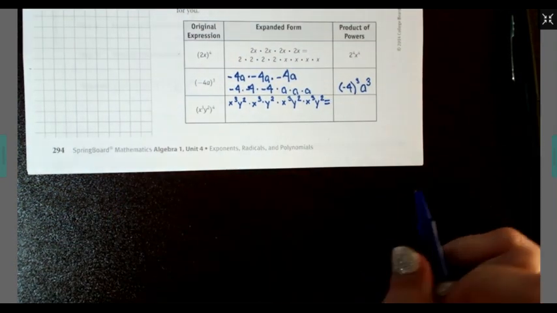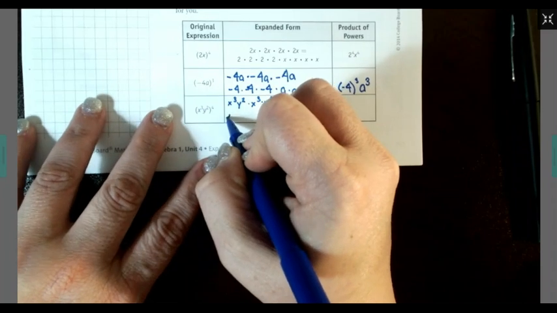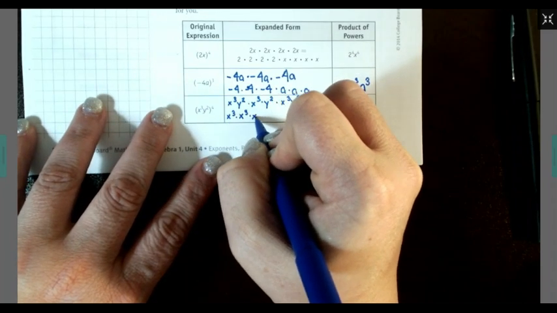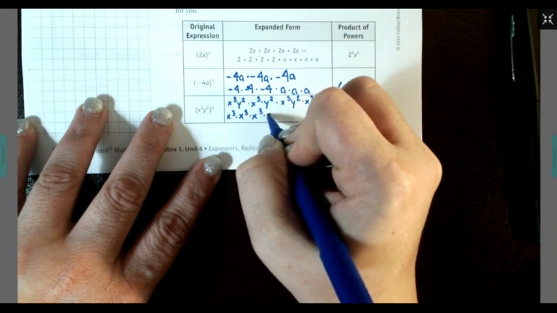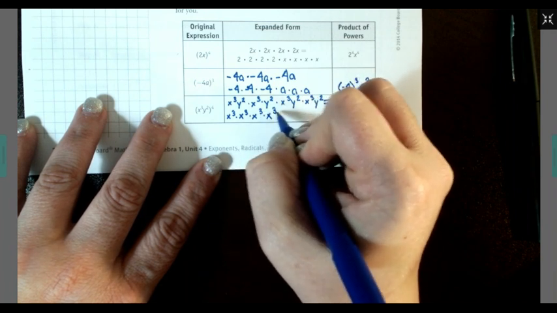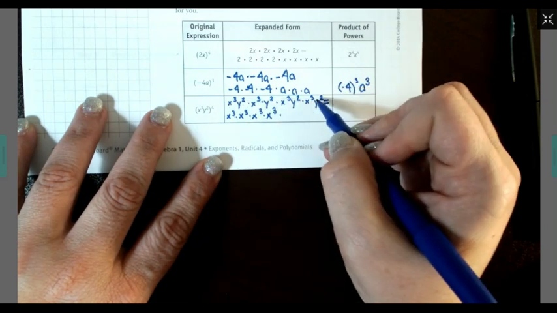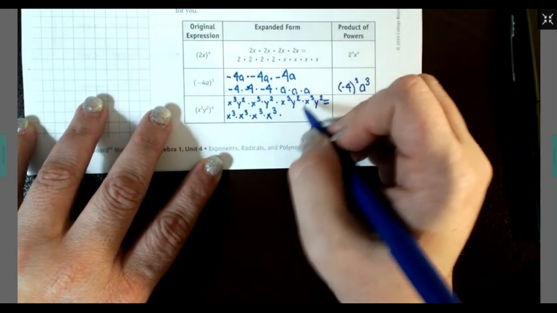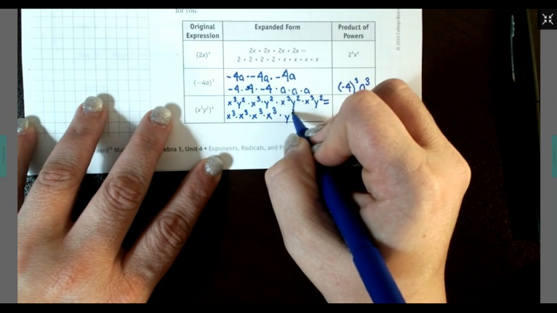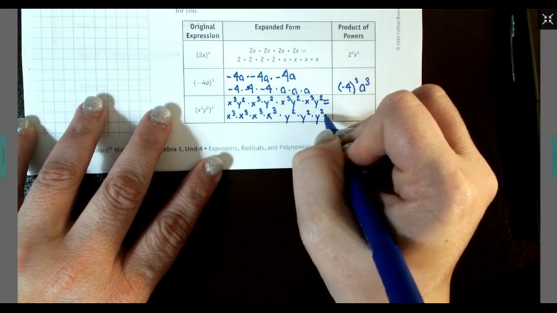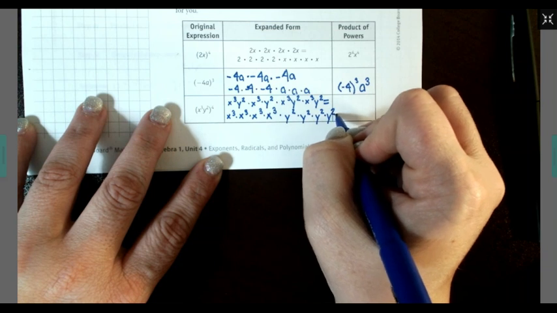Now group our like terms. X cubed, x cubed, x cubed, x cubed. Did that one, that one, that one, and that one. Now we've got the y squareds: y squared, y squared, y squared, y squared.